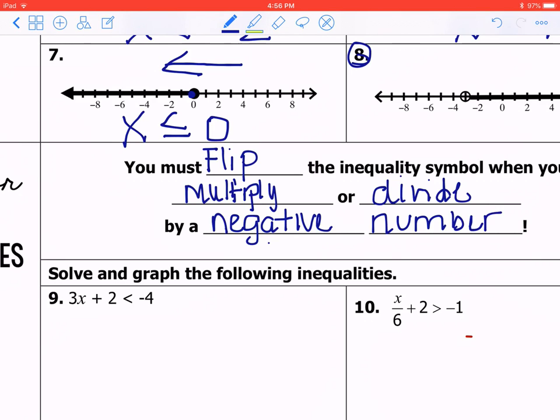Okay, so when you multiply or divide by a negative number, you must flip the inequality sign, and I'll show you some specific examples of that.